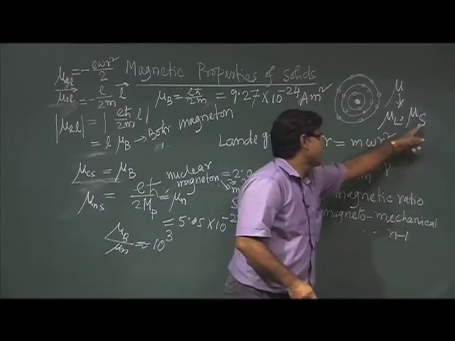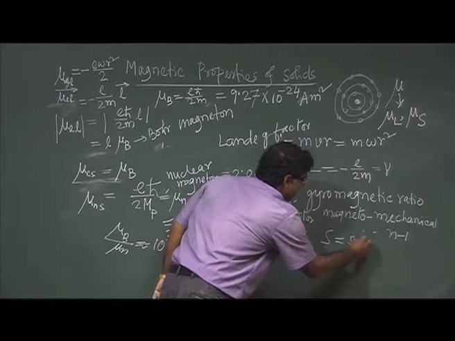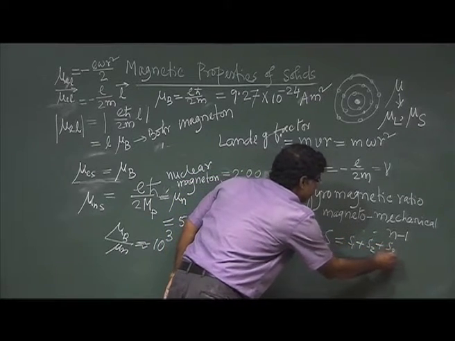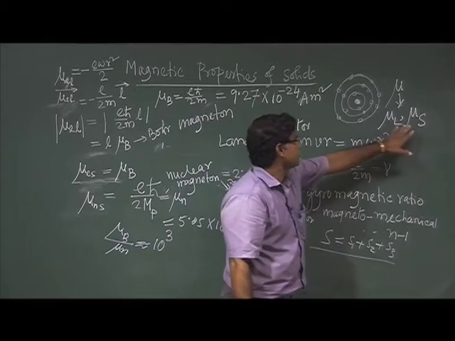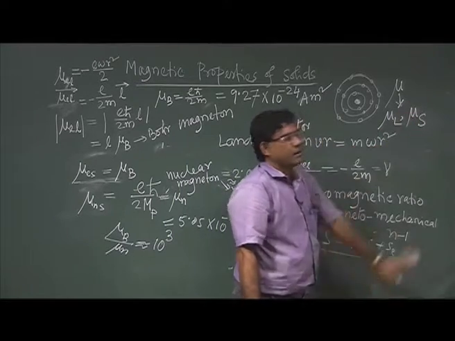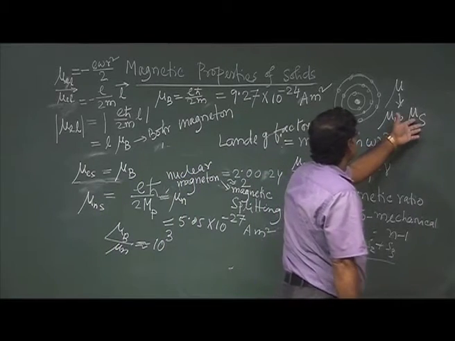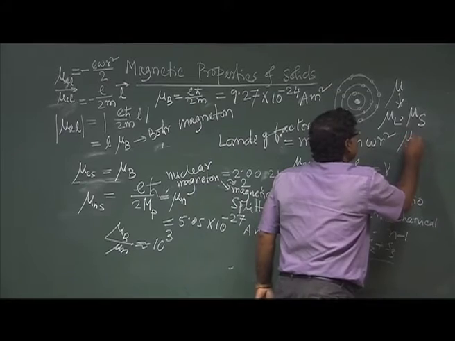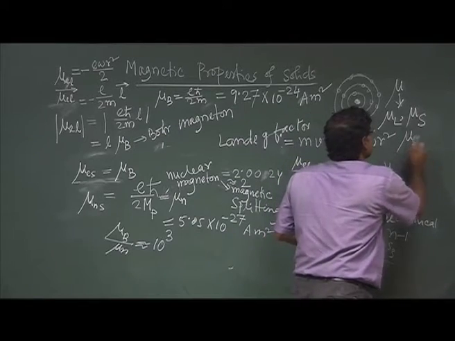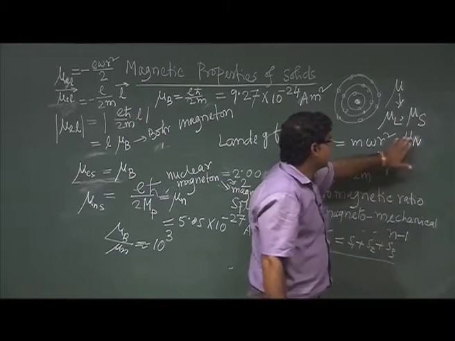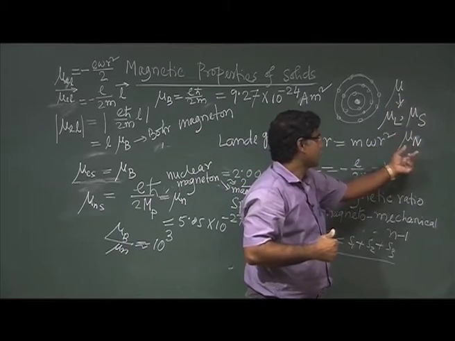Similarly to L, S will be S1 plus S2 plus S3. So, using the vector model one has to find out S, and then this will be the spin magnetic moment, and then the other one is μ_N for all the nucleons. But as I mentioned, this is a very small value compared to the others, so one can neglect this part.